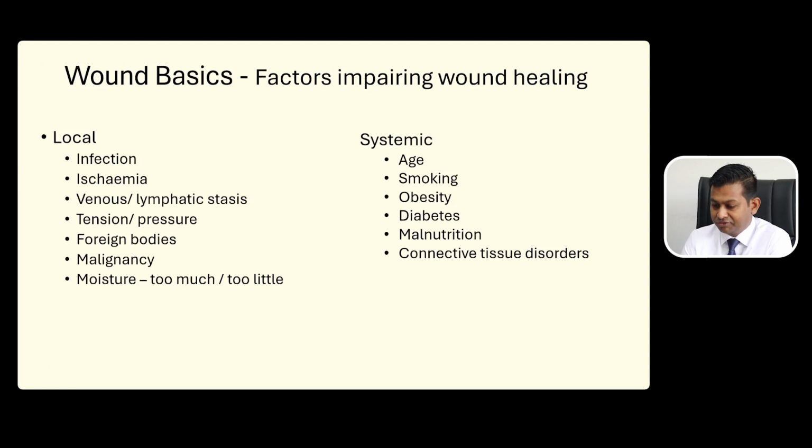Diabetes is a multifactorial thing where wound healing is impaired, which I will briefly touch upon in the subsequent slides. Malnutrition, yes, as we all know from our medical student days, nutritional deficiencies, vitamins, minerals, when they are deficient, yes. Connective tissue disorders, yes, patients with antiphospholipid syndromes, SLE, vasculitis, overlap syndromes, they have problems with healing their wounds. So that's it.